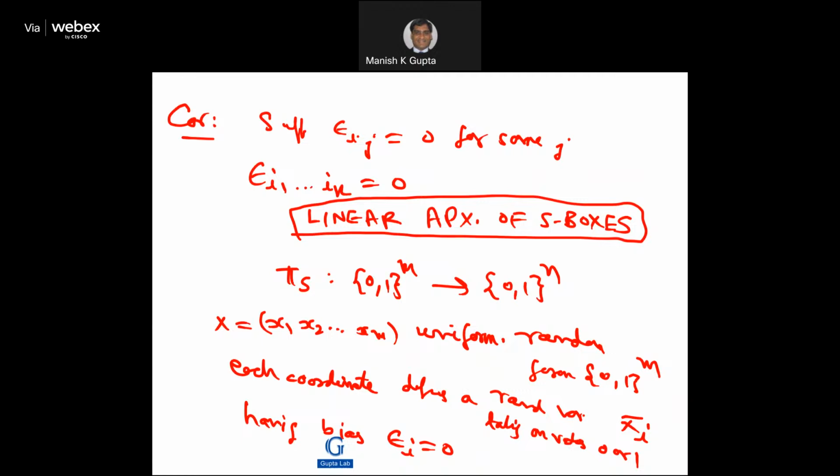Suppose x equal to x1 x2 ... xm is a uniformly randomly chosen vector. From {0,1}^m, each coordinate defines a random variable Xi bar, taking on the value 0 or 1, and having bias epsilon i equal to 0.